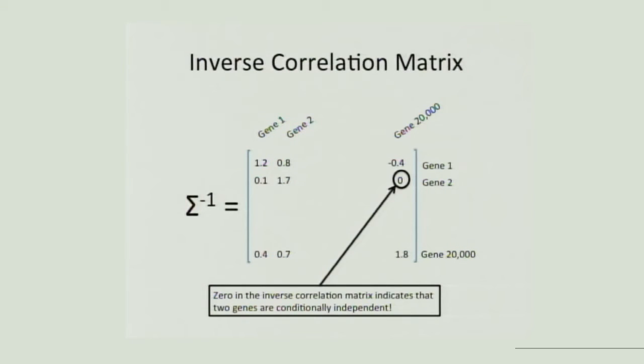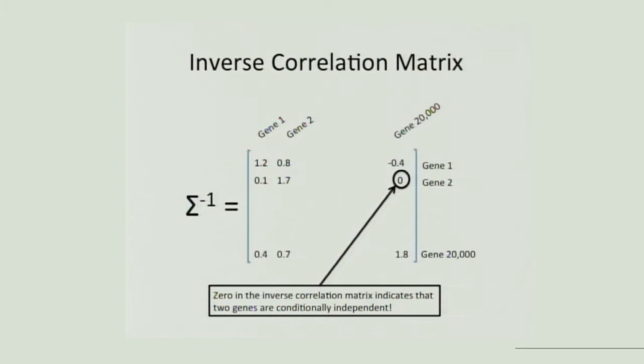Just as correlation matrices are symmetric, if I tell you that the correlation between gene 1 and gene 2 expression is 0.9, then also the correlation between gene 2 and gene 1 expression is 0.9. So too, this is a symmetric matrix. In this matrix, the inverse correlation between gene 20,000 and gene 2 is 0. And what that tells me is that those two genes are conditionally independent.